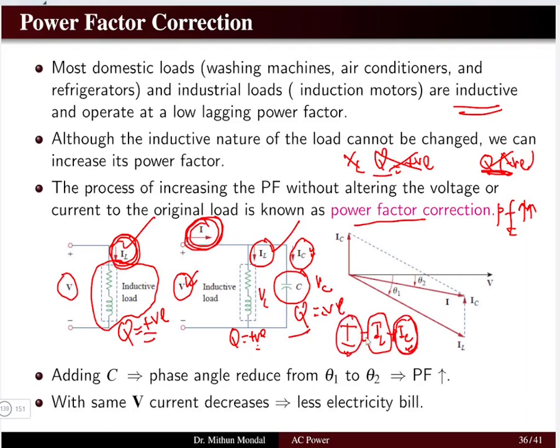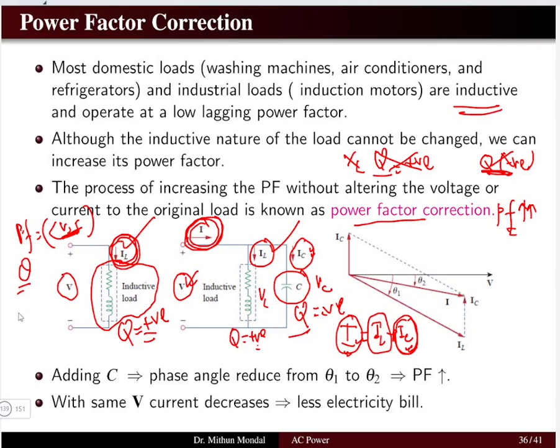Why does this current I need to change? Because you know that power factor is basically the cosine of the angle of voltage and current. So the angle theta between the voltage and current, I need to improve it, because you know that if theta is increasing, the cos theta will decrease.